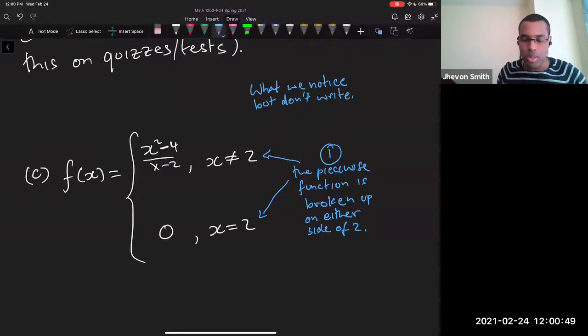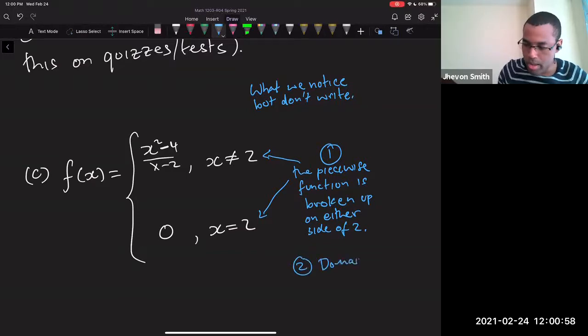The next thing I'm going to think about is domains right away, right? Because I know I'm allowed to use the fact that one of these 6 types of functions will be continuous on their domain. So in that regard, I'm going to notice that, hey, this guy, third thing to notice, is a rational function.